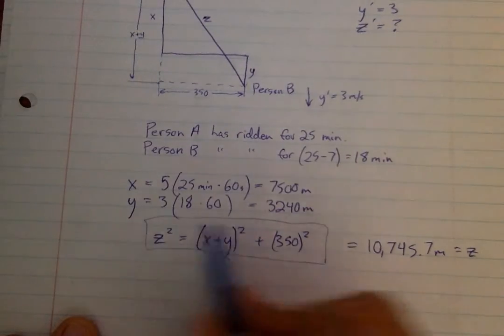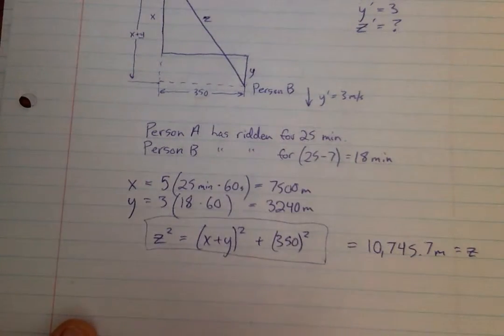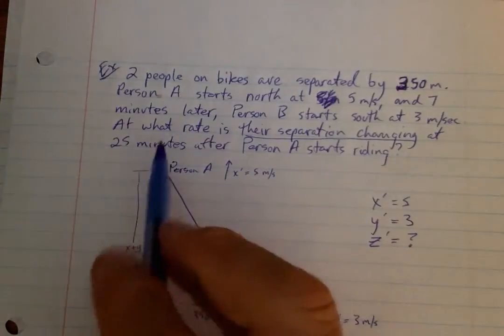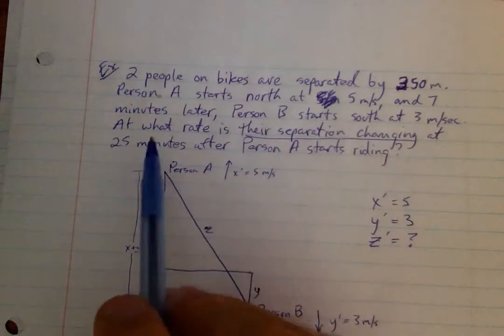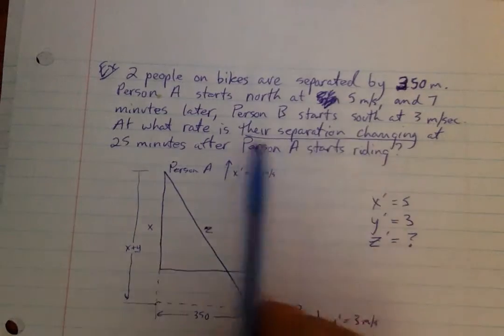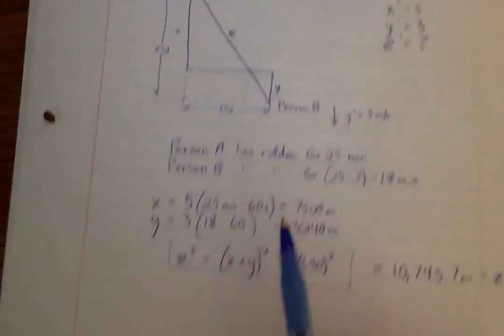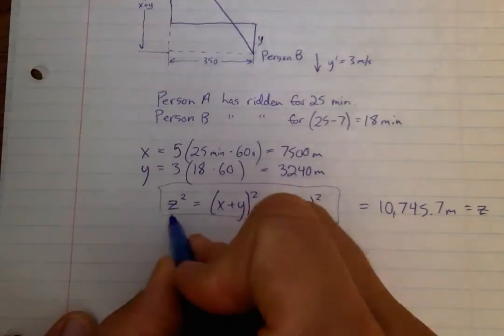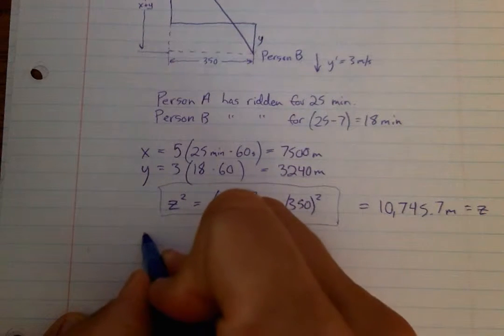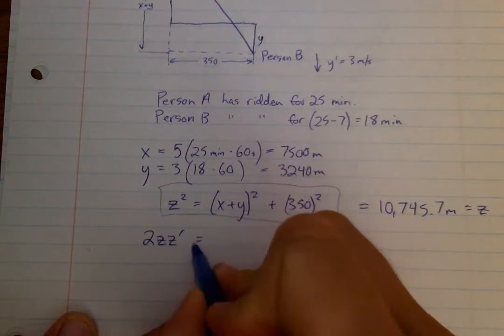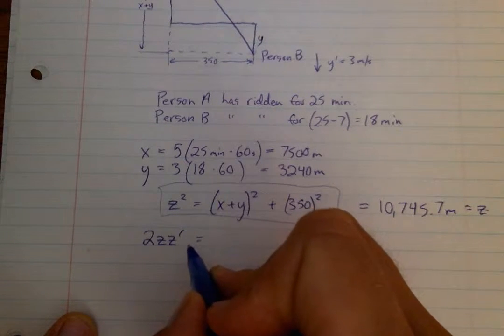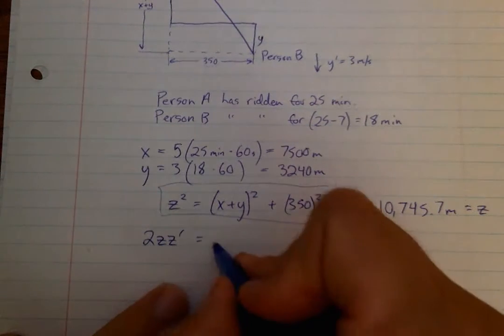Now let's take the derivative of this. Remember, we're always going to take a derivative because what we're looking for is we're given their rates of change, and now we're asking how the separation is changing. So we're looking for dz. We're going to say 2z z prime equals, now what is this? (x plus y) squared.